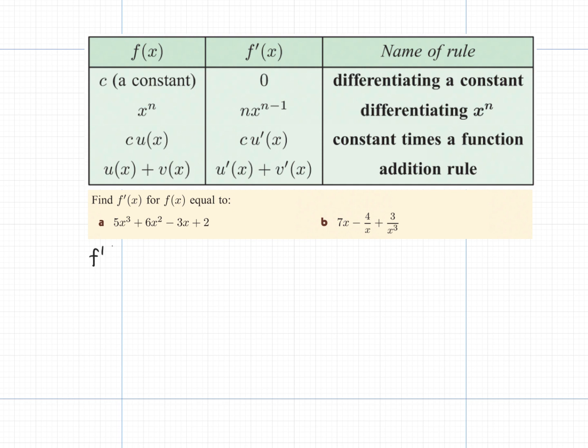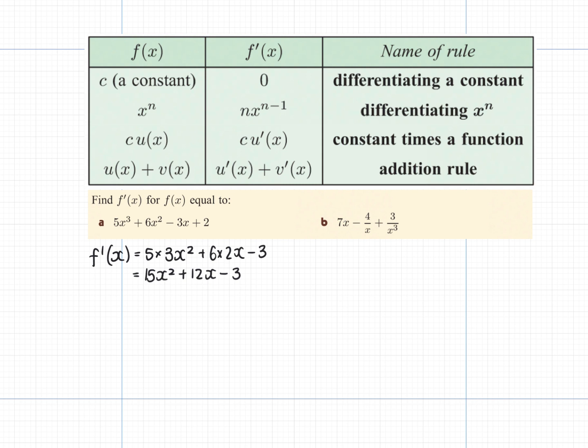So our differentiation for this first one would become 5 times 3x squared plus 6 times 2x minus 3, and when we differentiate a constant, it becomes 0. If we've got a constant in our function, then the number of terms will become 1 less as well. So 5 times 3 gives us 15x squared plus 6 times 2, so 12x minus 3. And that's all we need to do there.